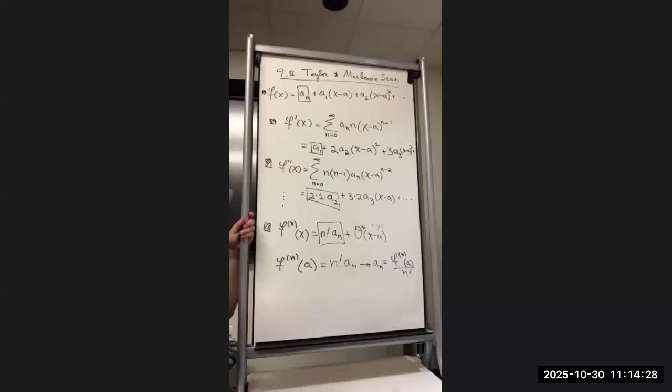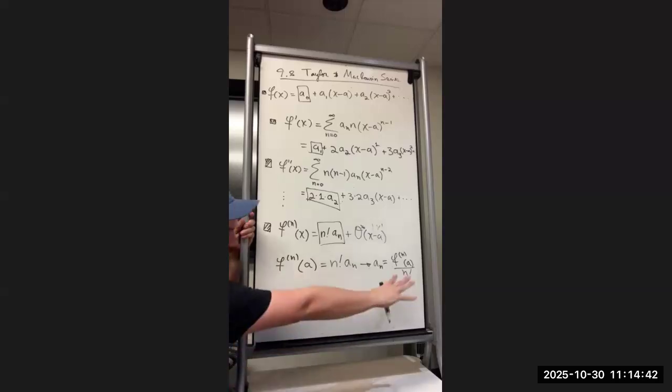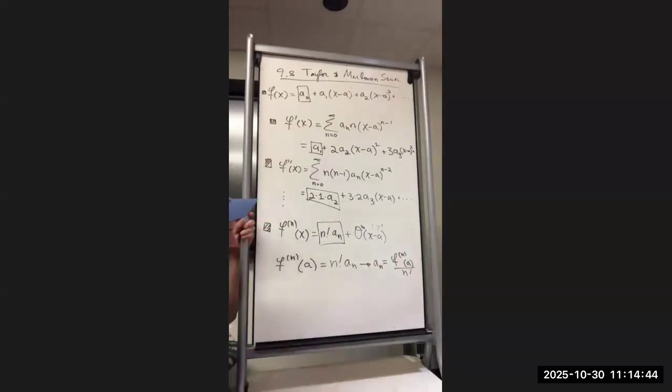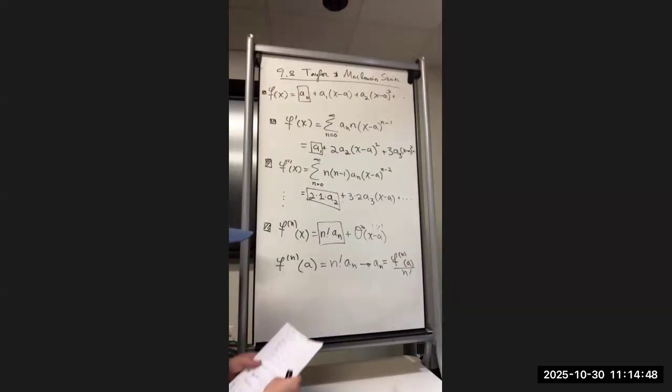And so now we can, assuming we have these derivatives, right? There's always that assumption implicit in this. We could have some function that at a is not differentiable, and then this whole thing fails, right? But assuming we have these derivatives, then I can write this equation for the coefficients. And so I can write the series now in terms of these derivatives.